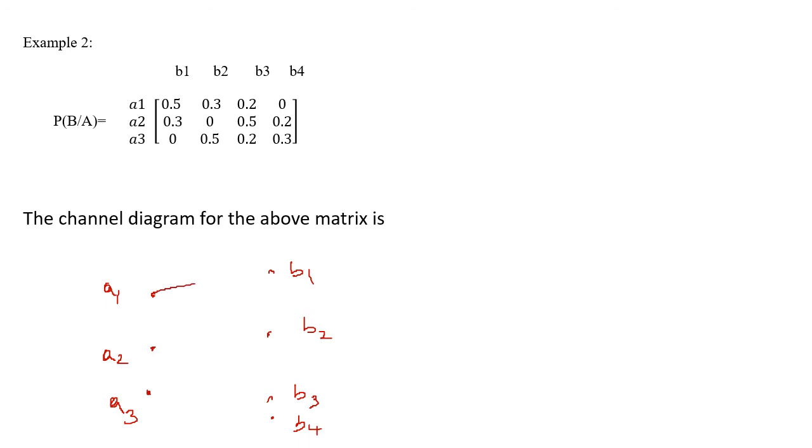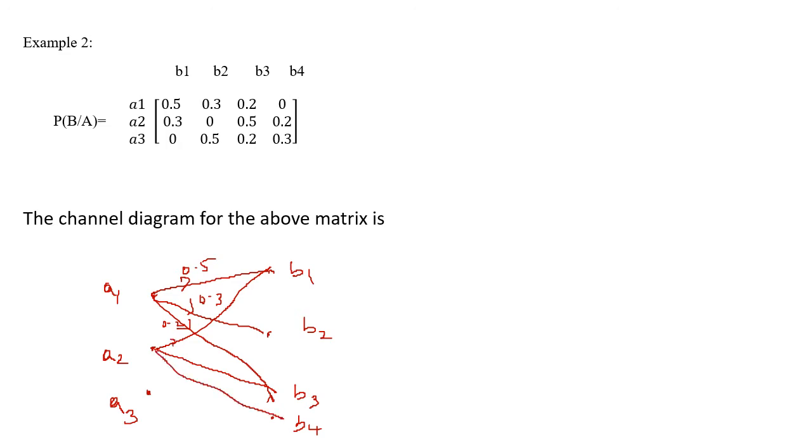You can write the respective values: from A1 to B1, B2 and B3, the values are 0.5, 0.3 and 0.2. Similarly, A2 to B1 is 0, A2 to B2, A2 to B3 and A2 to B4 have the respective values 0.3, 0.5 and 0.2.